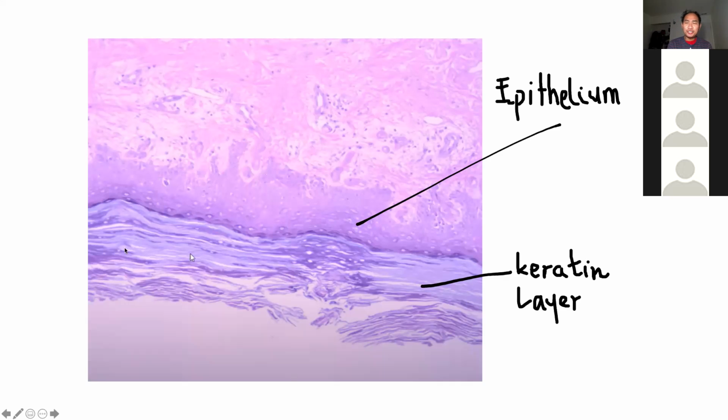So for epithelial tissue, the options will be skin, bone, muscle, and nerve. So you know that this is a specimen of epithelial tissue, and therefore you will say, hey, this tissue specimen is taken from the skin, because skin is epithelial tissue.